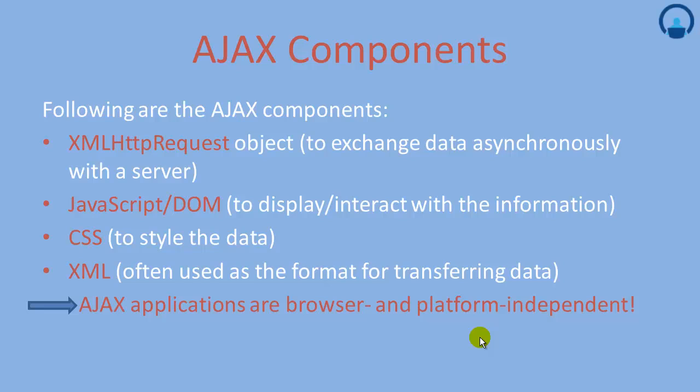And finally XML: data transfer and data exchange happen in the form of XML, which is extensible markup language. So these are the main components one should understand as the core parts of AJAX: XML HTTP request or XHR, JavaScript DOM, CSS for styling, and XML to transfer or exchange data.